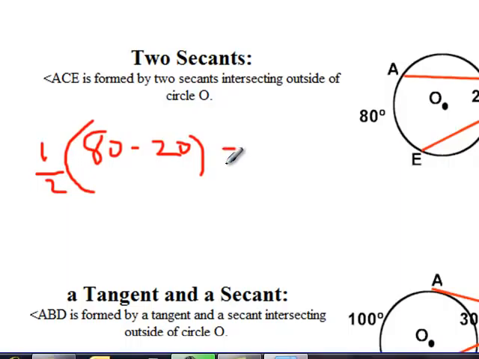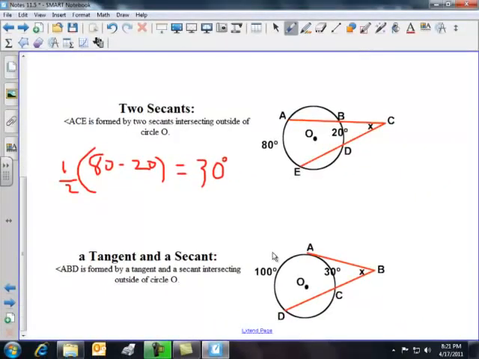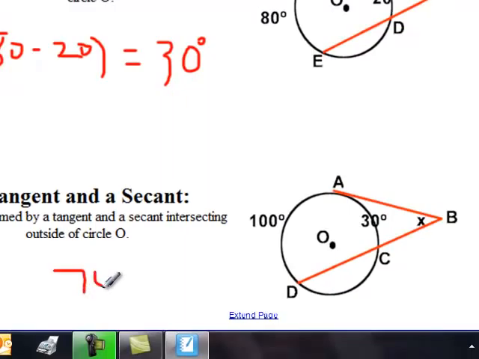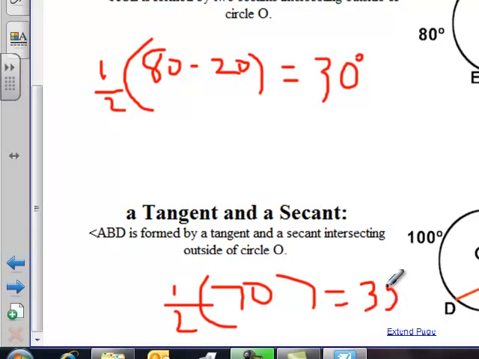So 80 minus 20 is 60. Take half of that, that would be 30 degrees. Likewise here, when you have a tangent and a secant, to find the measure of this angle, you're going to take 100 minus 30, which will be 70. We're going to find half of that, which would be 35 degrees.